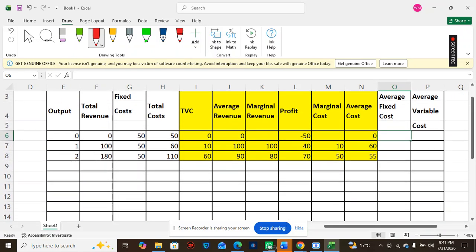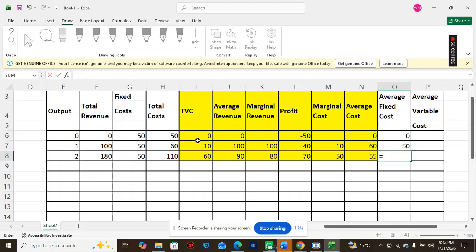So here for average fixed cost, when we produce 0 units, fixed cost 50 divided by 0 is 0. When we produce 1 unit, 50 divided by 1, 50 kwacha.